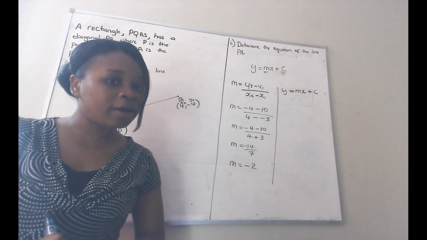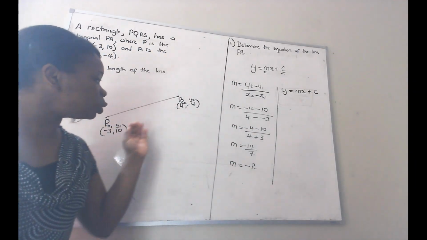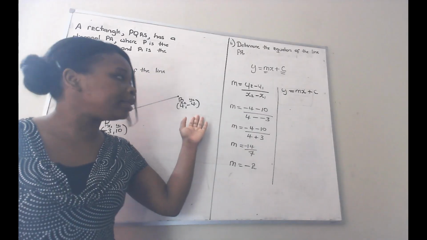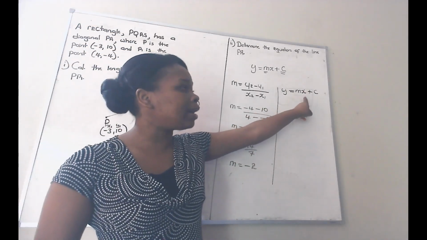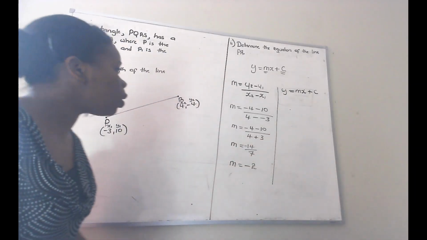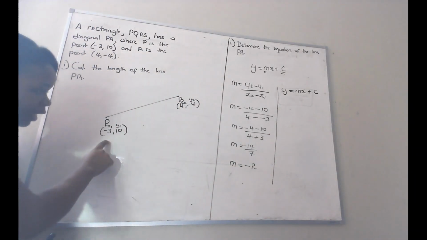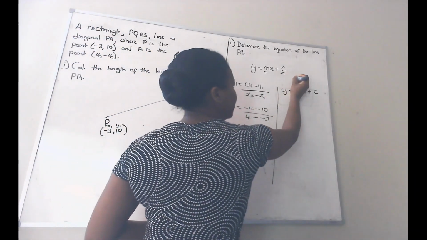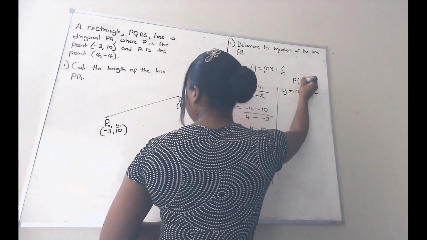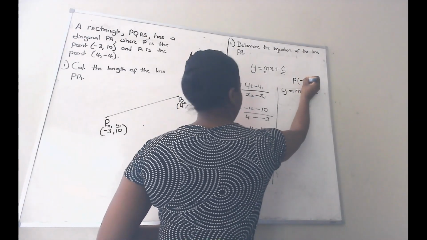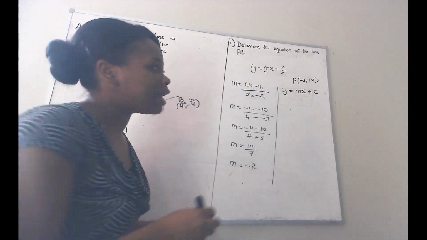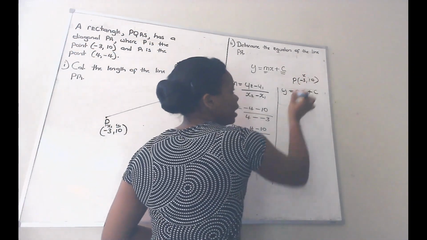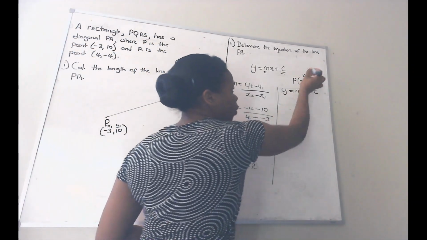But in order for us to do so, we have to choose a point so that we can get a y coordinate and an x coordinate. So I'm going to choose point P, and we know that the coordinates of point P are minus 3, 10. So minus 3, remember, is my x and the 10 is my y.